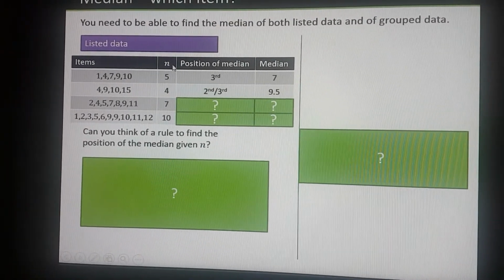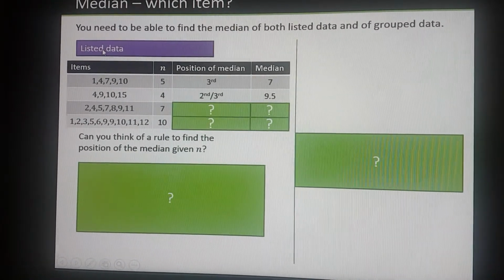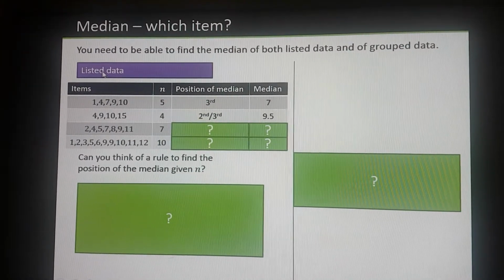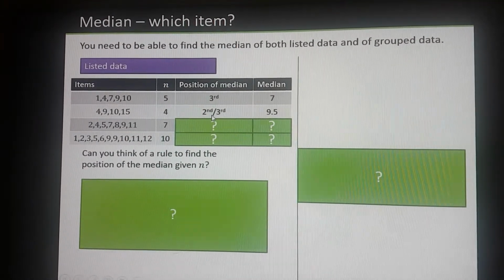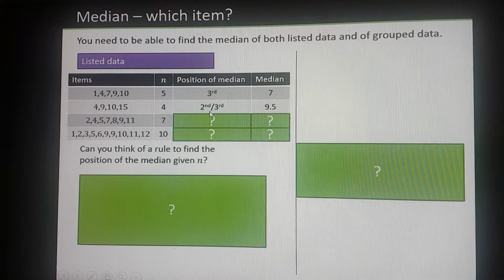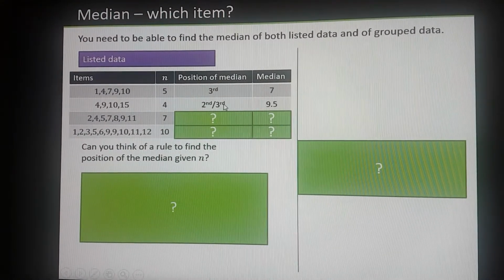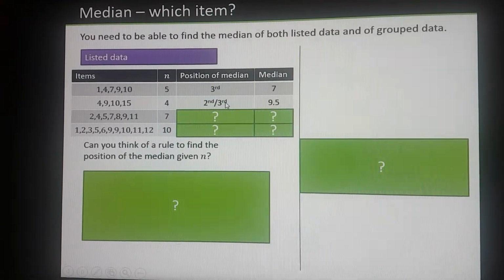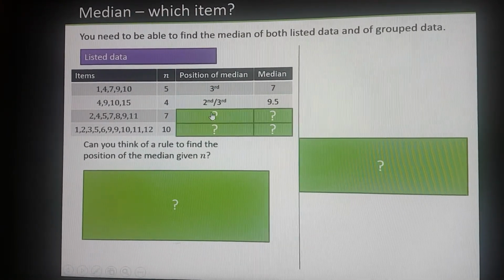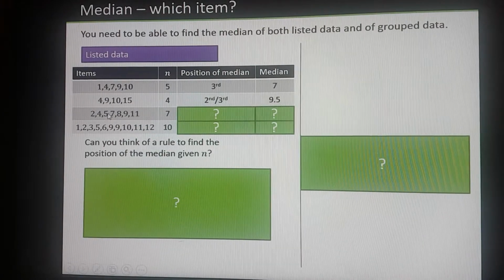In here, when we have listed data, that's very important. With listed data, we don't say position 2.5. Okay, it's kind of 2.5, but we say between second and third. And for the median, we take the midpoint, the middle number between those.